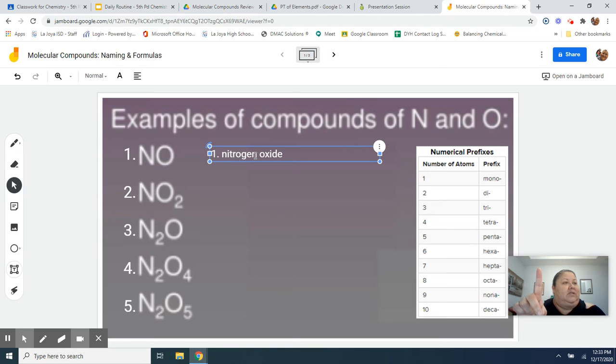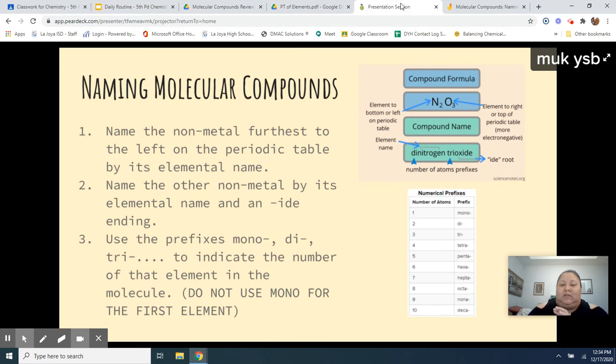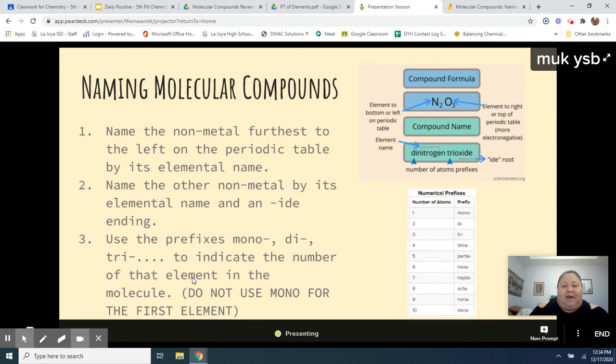How many fingers am I holding up, Oscar? 1. According to your table right here, what is the prefix for 1? Looking at the chat, mono. Very good. Now, let's look at the rules real quick about the prefix because there's something important. It says at the very bottom, do not use mono for the first element.